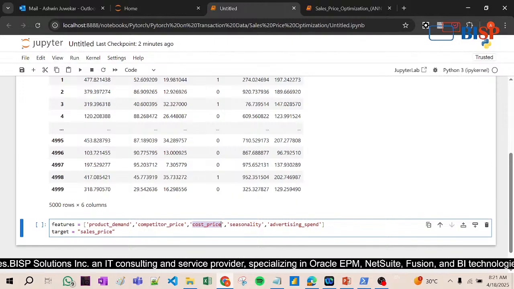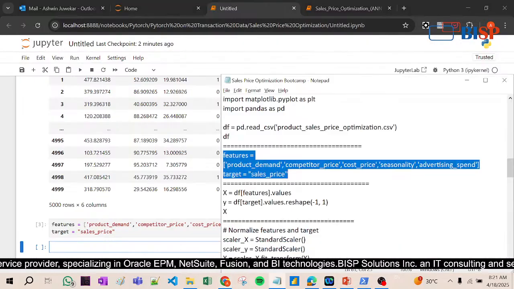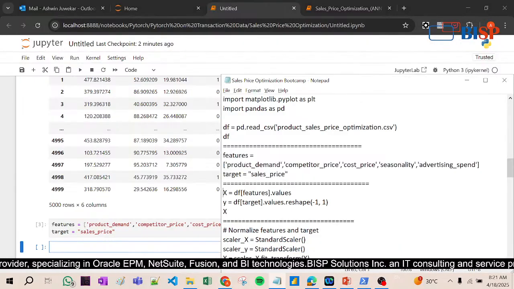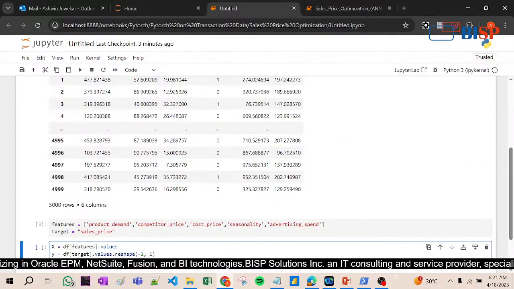So this is the target, that's what we need to identify, and these are the already available features. Features means you can say independent variables also, right? Now here you will see, in X, again we have to do the same thing.